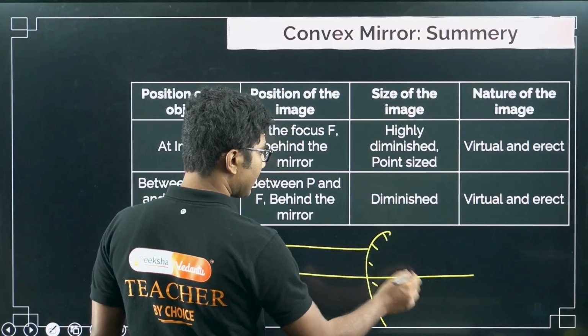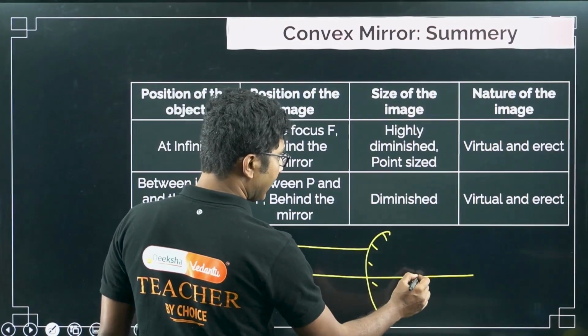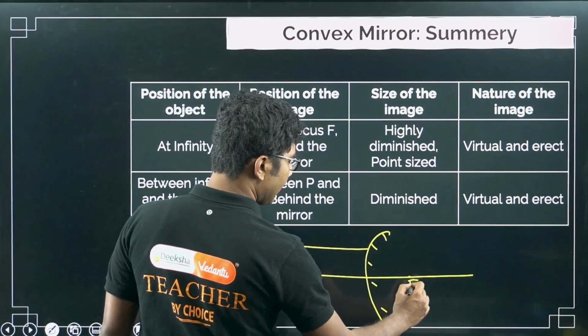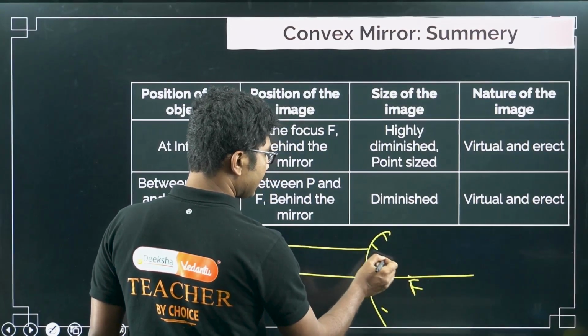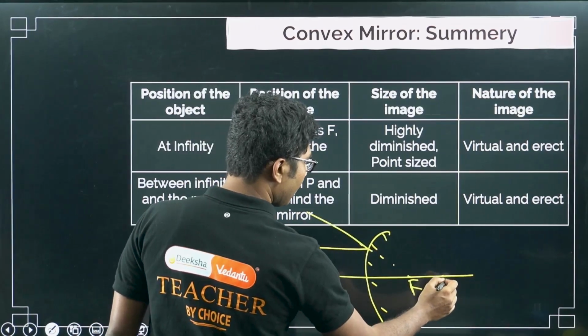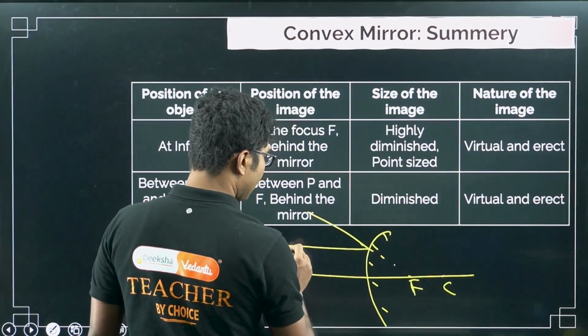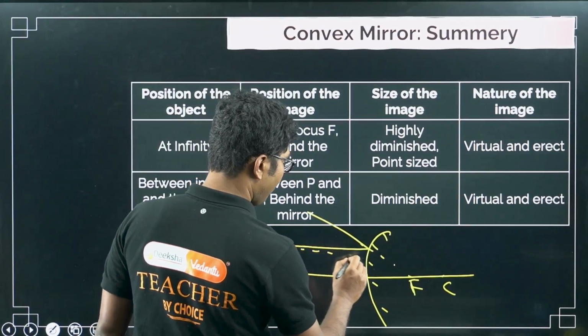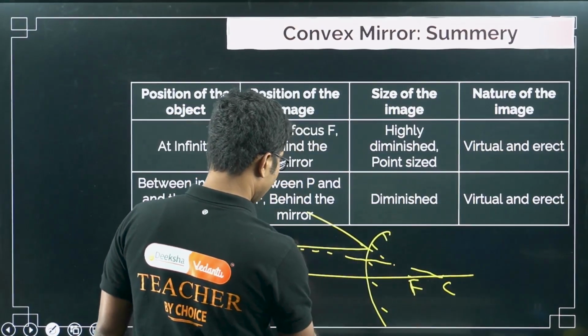After reflection, how do we draw the ray diagram? This is the focus, so after reflection it goes along this direction. There is a center of curvature, so you can draw it like this also. If you join them, this is the line.